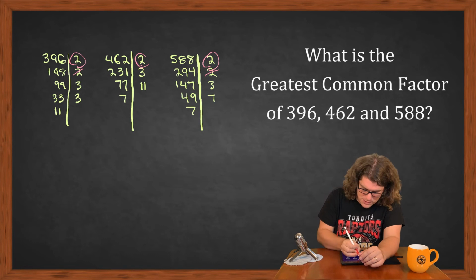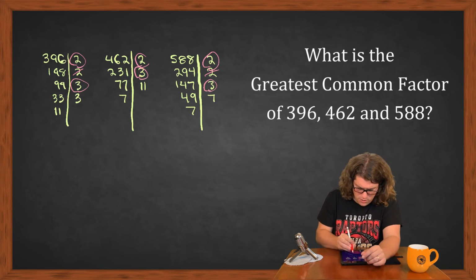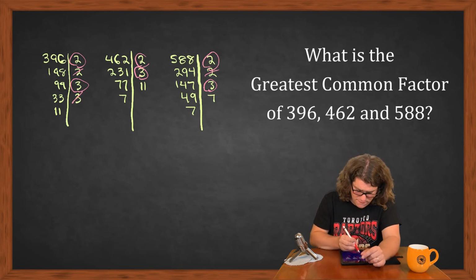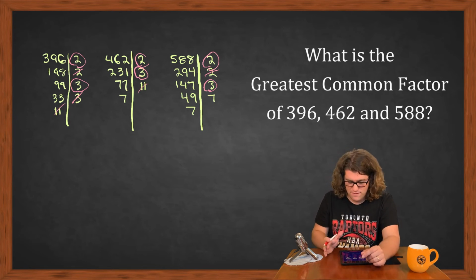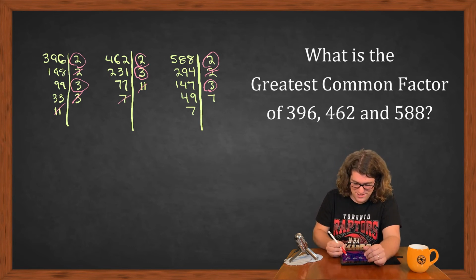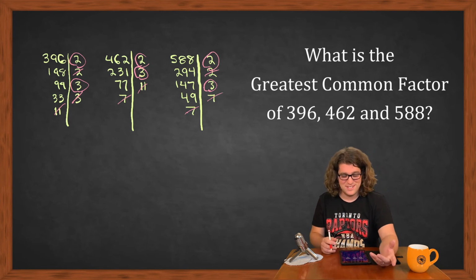All 3 of them do have a 3, so that's good. The middle one does not have another 3, so we can't use that 3 there. The 11 that's on the first one, the 588 does not have an 11, so that is not going to be a common factor. The first one does not have a 7, so we can't use the 7s from the other ones either.